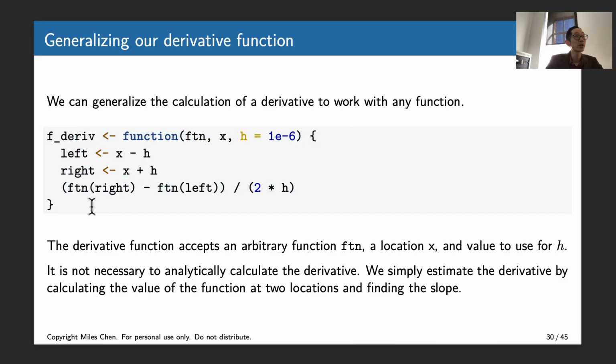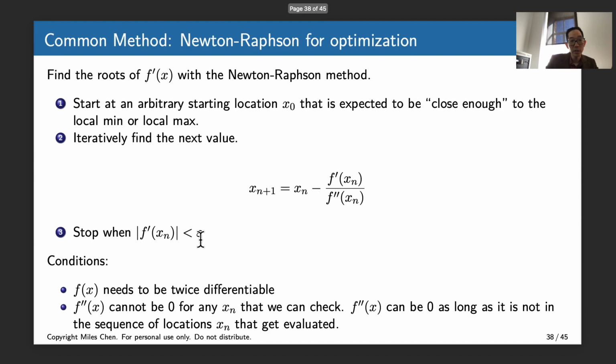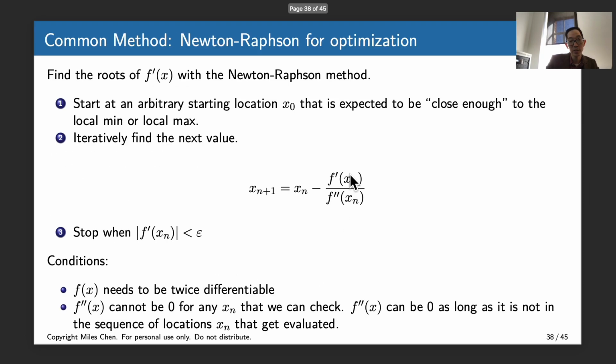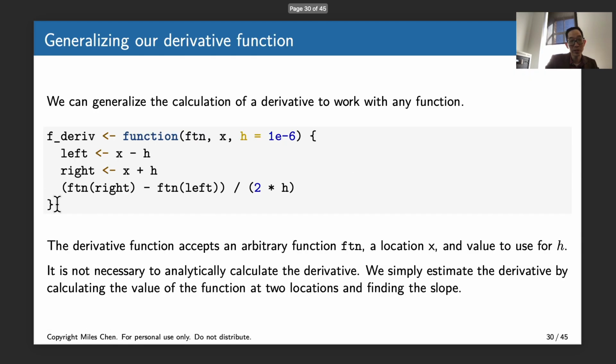Because all it is, the computer doesn't care what this function is. It doesn't know. It just says, you're plugging in x old, and I need to calculate the output of some number. And whatever has to happen inside this function f prime, whether it's x cubed minus x, or whether it's x plus h and x minus h, function right minus function left, divided by 2h, the computer's just following steps and it spits out a number.